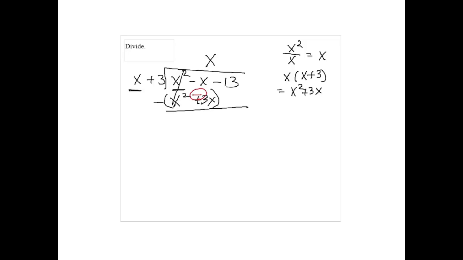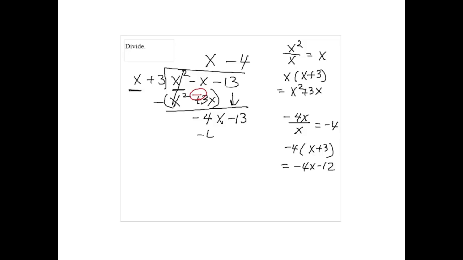So we have 0 for the first terms, but the second terms we have negative 4x. And then bring down the next term, and we do the same procedure one more time. So we have negative 4x over x, which is negative 4, so that goes on top, and we multiply the answer by x plus 3, so we have negative 4x minus 12.